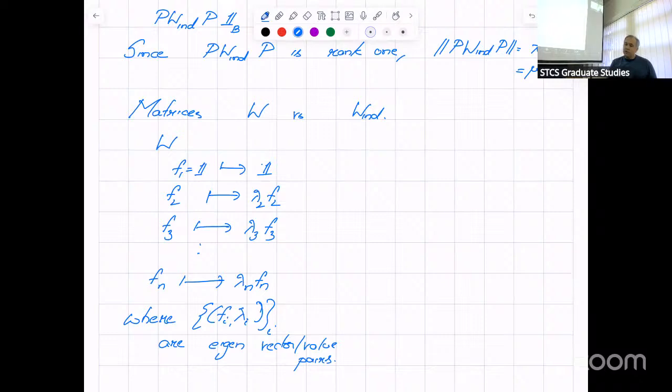That's what W does as a matrix. And this specifies W completely because it's an orthogonal basis, and I'm telling you on the orthogonal basis how W is acting. This specifies W.